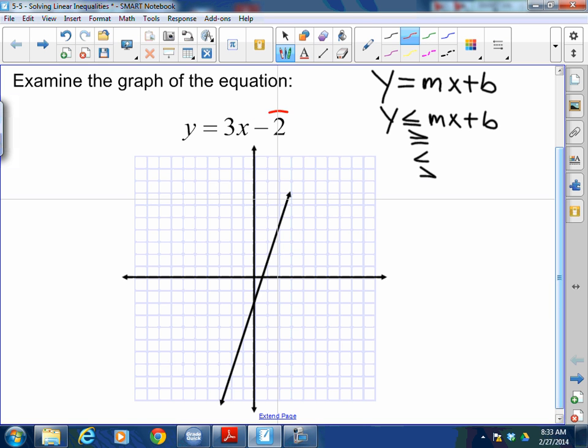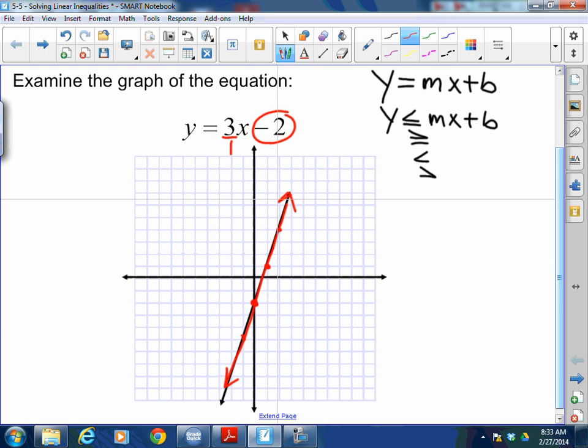My y-intercept is negative 2. That's my b. My slope is 3 over 1. So I go up 1, 2, 3, 1 to the right. I can go backwards from the y-intercept, down 1, 2, 3, 1 to the left. I connect my ordered pairs, and I have my linear equation. No worries. Nice and easy.